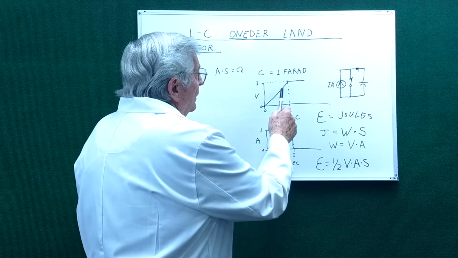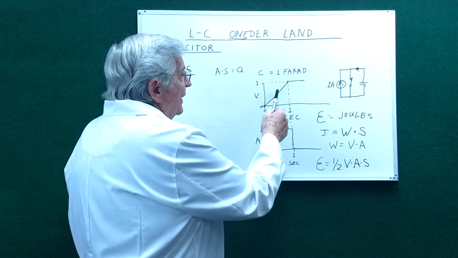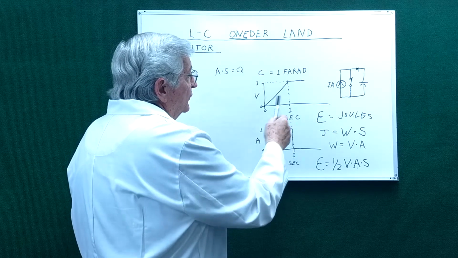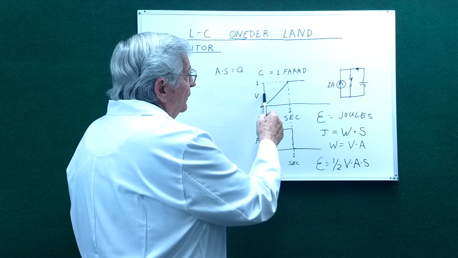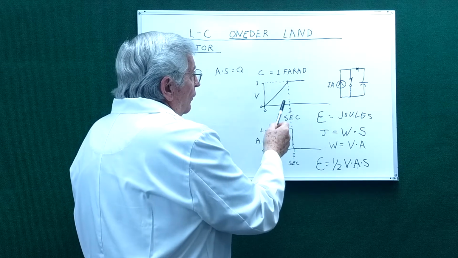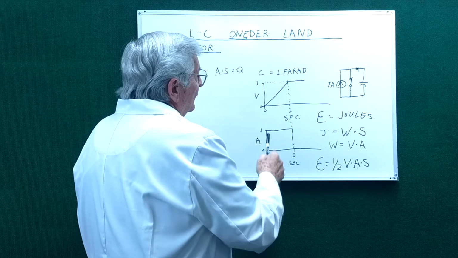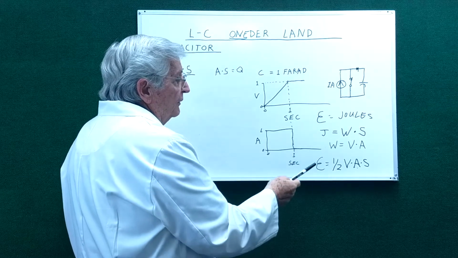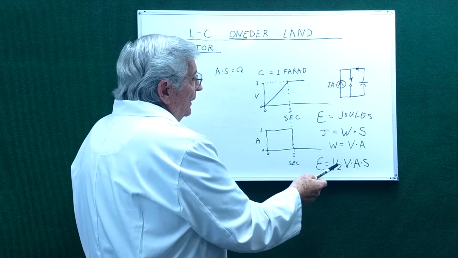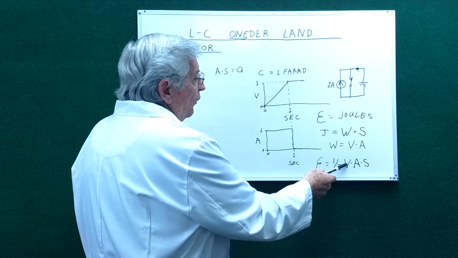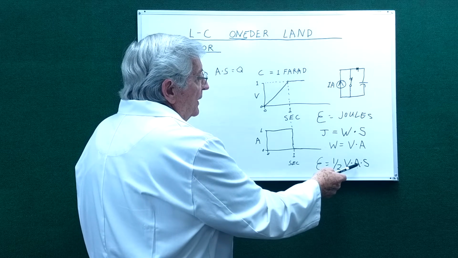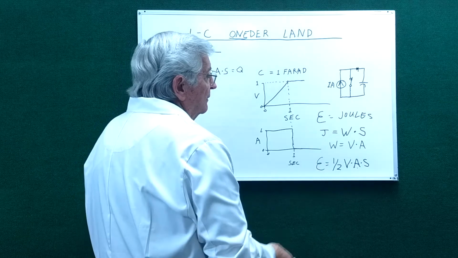Now, during this ramp-up period, the average voltage is a half a volt. So the watts that we're putting in here during this 1 second time period is 1/2 of a volt times an amp times a second.